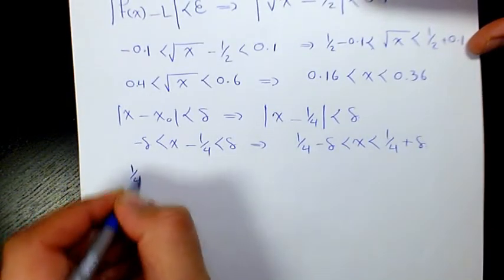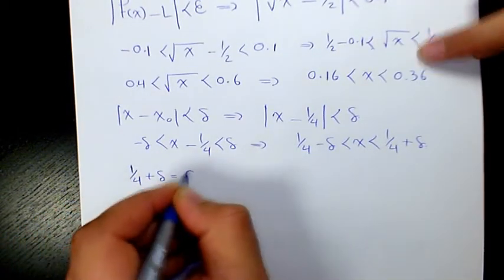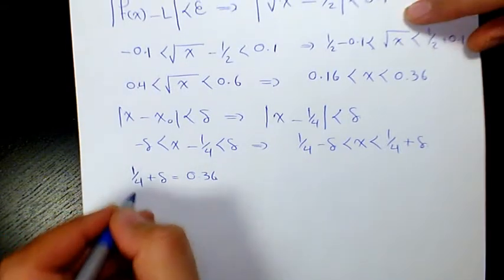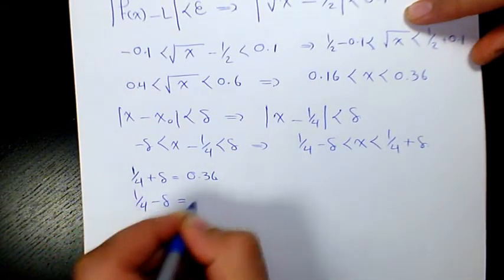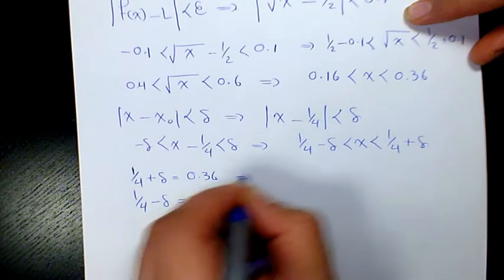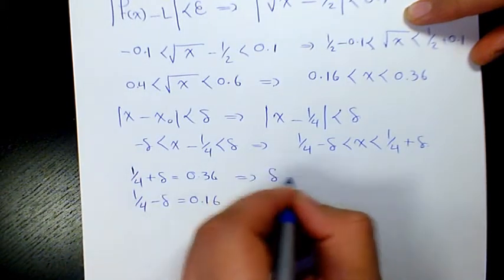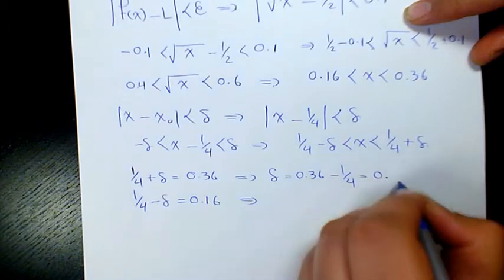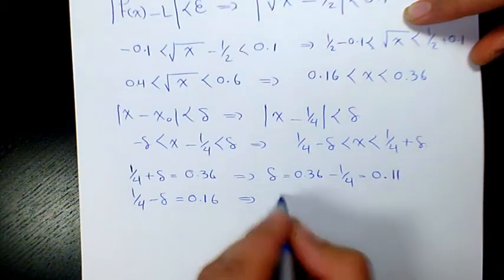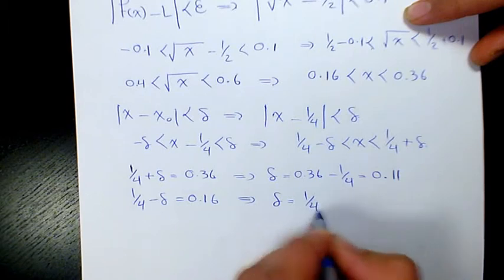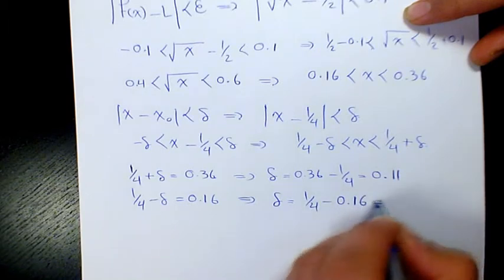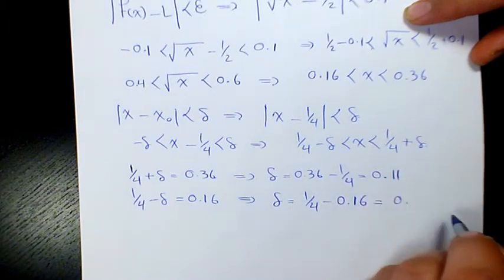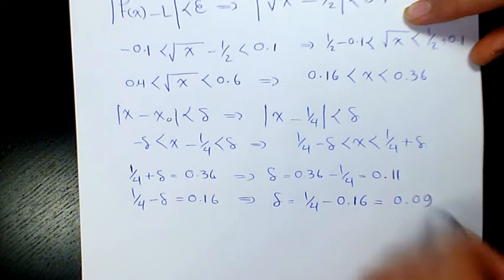So 1 over 4 plus delta is going to be 0.36, and 1 over 4 minus delta is going to be 0.16. Then we need to evaluate delta in each case. 0.36 minus 1 over 4 is going to be 0.11. And here it is going to be 1 over 4 minus 0.16, which is 0.09.